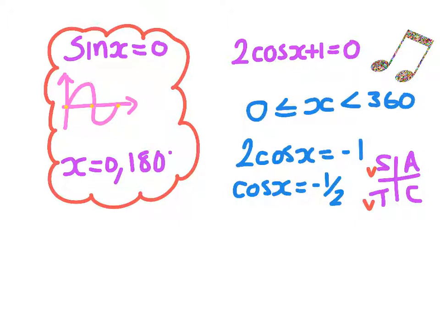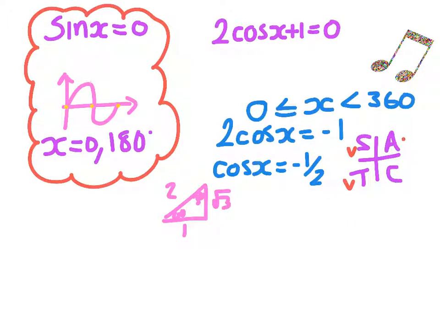But I'm going to find the acute angle first, which is the inverse cos of a half. That's the angle in the first quadrant, and I'm going to do that using my exact value triangle. And cos is CAH, adjacent over hypotenuse. We want an adjacent side of 1 and a hypotenuse of 2.